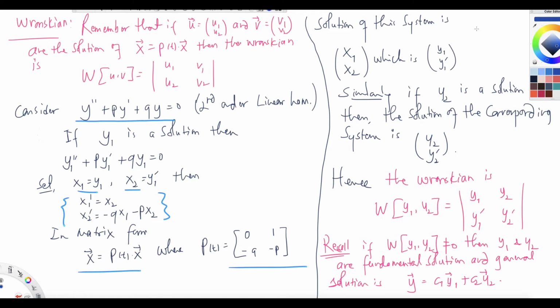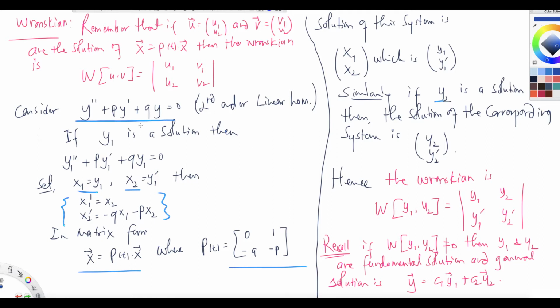Similarly, if you take y2 as another solution, the solution vector for the system will be (y2, y2'). Now what will the Wronskian be in this case?